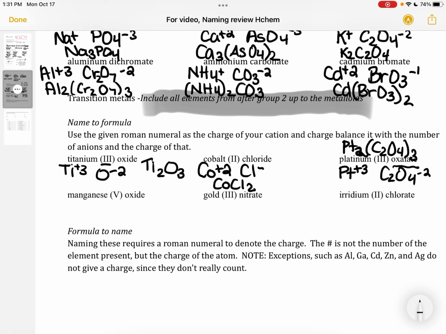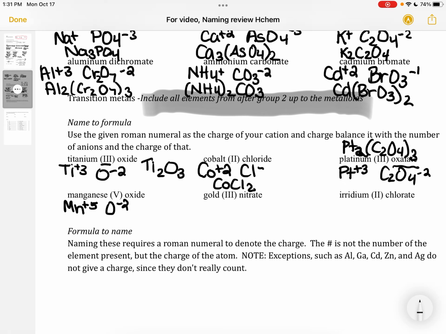There we go. Okay. Manganese V means 5. Manganese 5 oxide. So manganese's formula is Mn. This is telling me it's a +5. And oxygen is a -2.